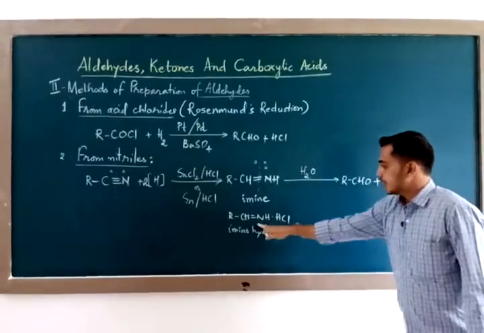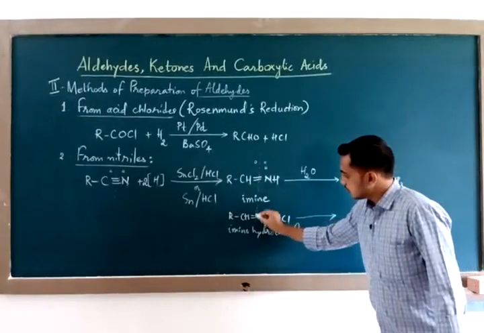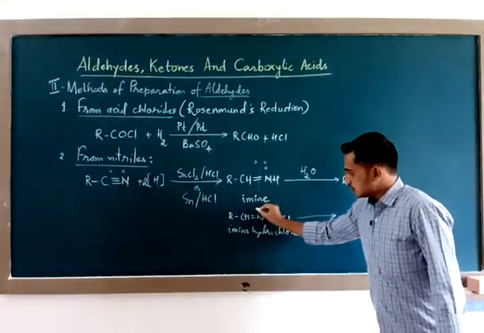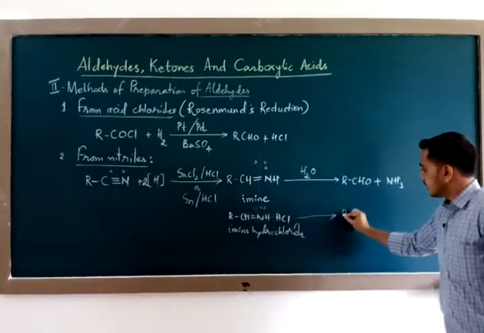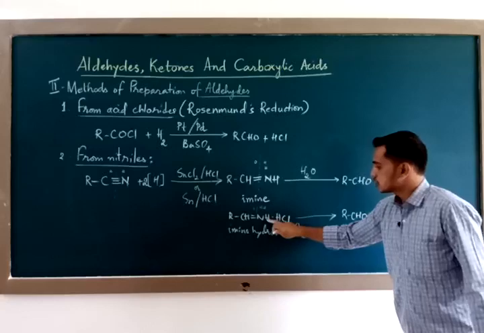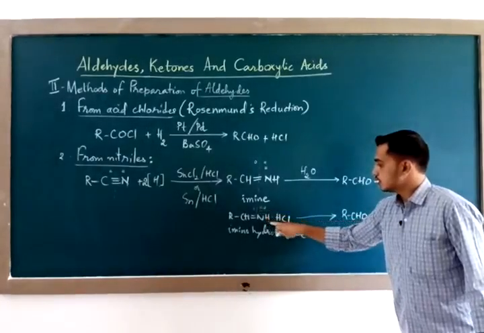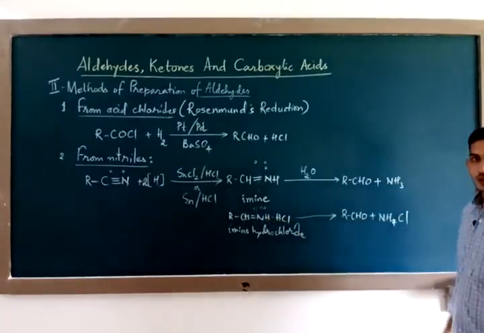If iminohydrochloride is there, then you break again here, use oxygen on this side, 2 hydrogens on this side, then you will have aldehyde plus NH4Cl, ammonium chloride.